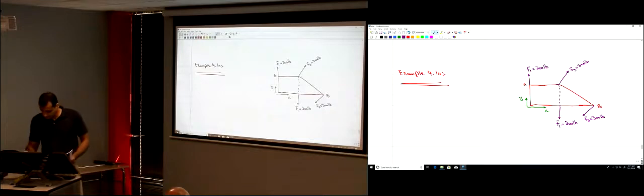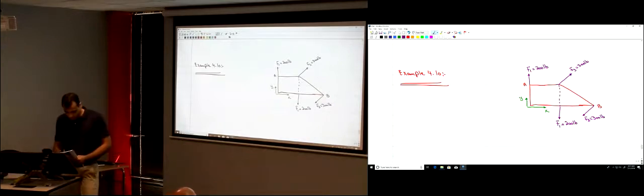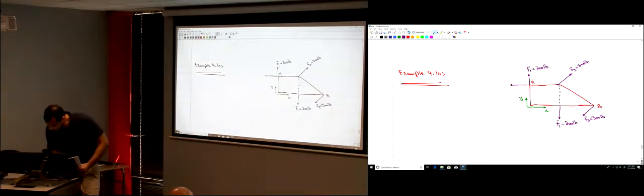Let me try to draw this to be parallel. Then we have a third force, sorry, F2, equal to 450 pounds, and another equal and opposite force of 450 pounds.